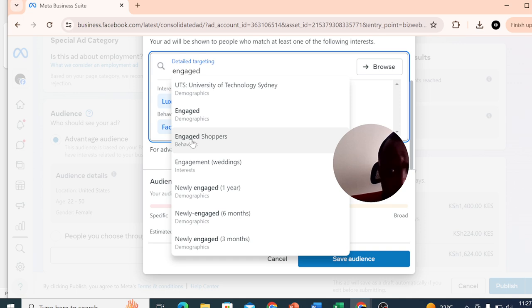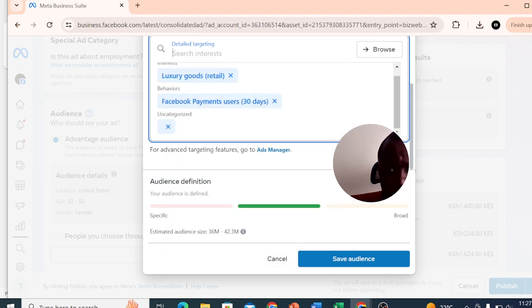Okay, so if you click on that behavior, that's how you will narrow down the audience. These are people who are likely to buy your product or service on Facebook. So I think we've covered the 3 or 4.